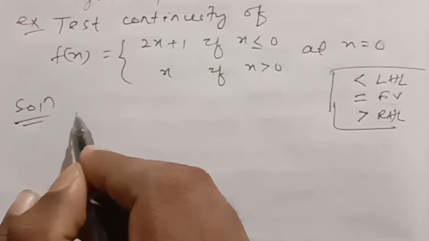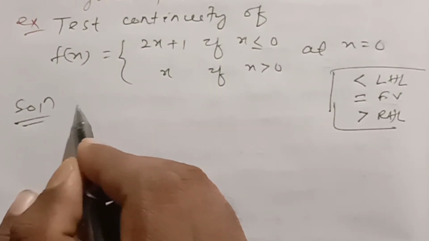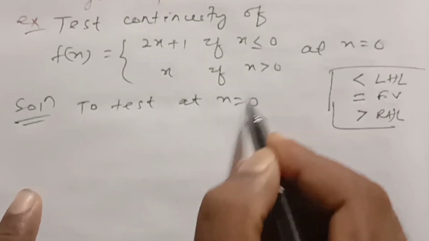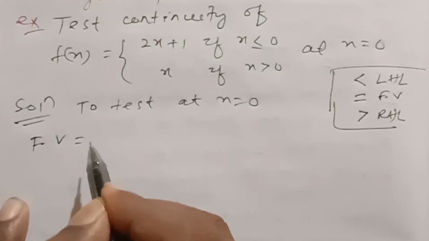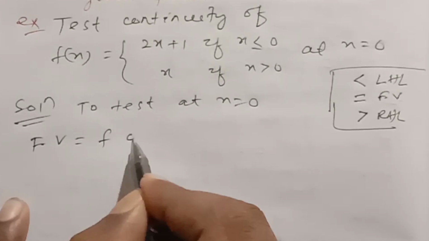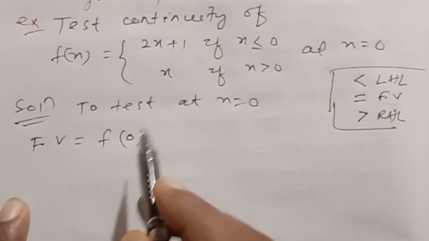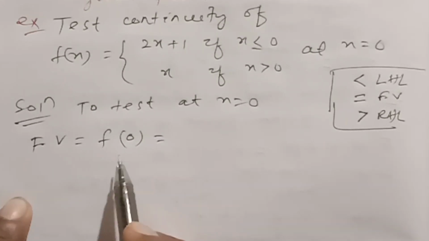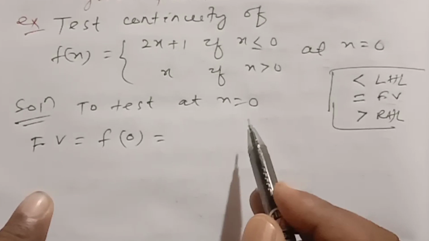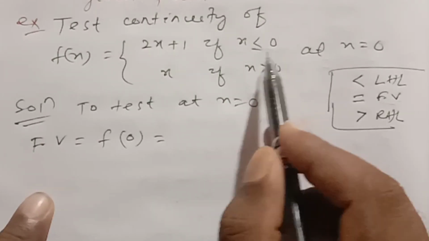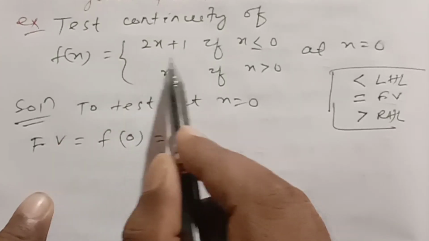Now solution, test at x is equal to 0. First, to find the functional value. Functional value means f of 0, x is equal to 0. So f of 0, put x is equal to 0. So where will we find the functional value? Where x is equal to 0. So look at here, when x is equal to 0 the function f of x is 2x plus 1.